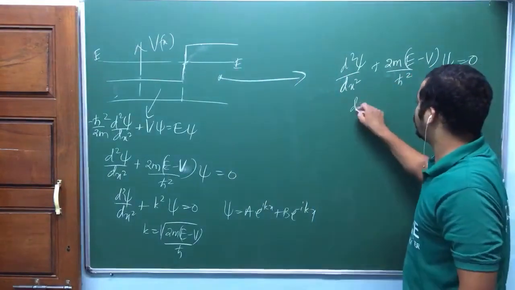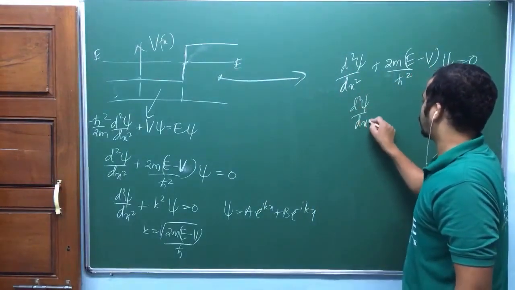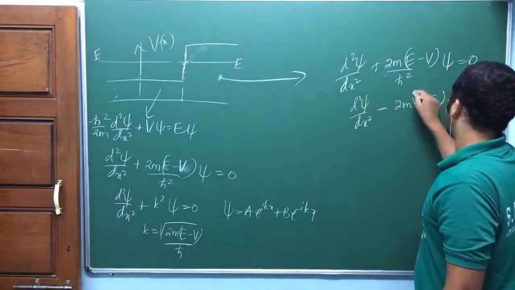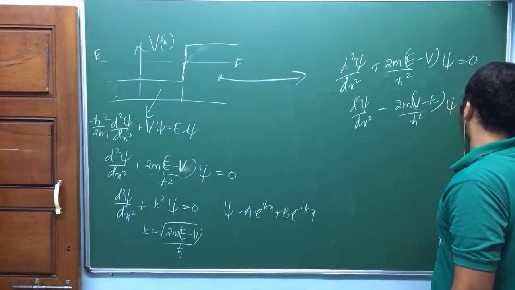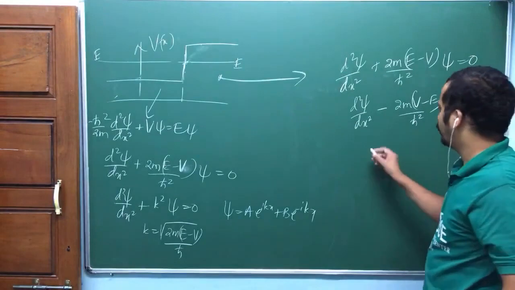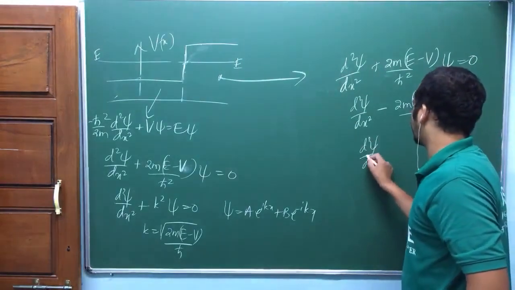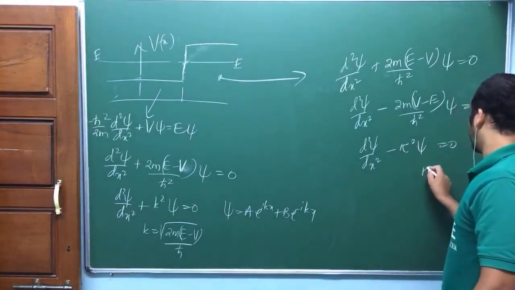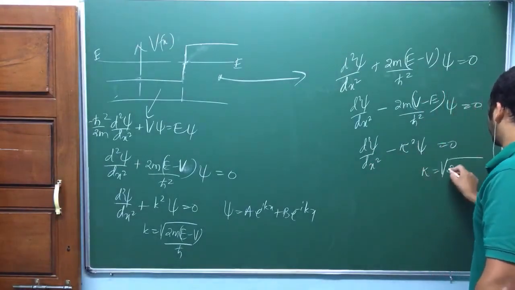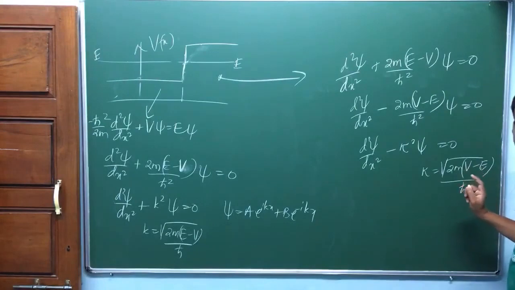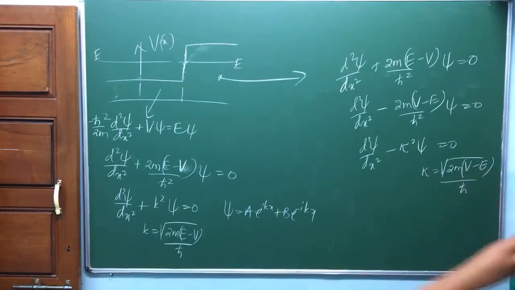So I take the negative sign outside: d square psi by dx square minus 2m(V minus E) by h bar square psi is equal to 0. Then d square psi by dx square minus kappa square psi is equal to 0, where kappa is equal to root of 2m(V minus E) divided by h bar. This is real. Why? V is higher. I am talking about this region.